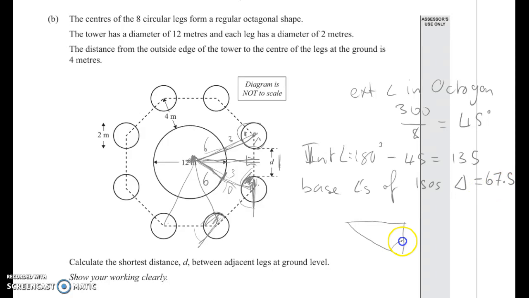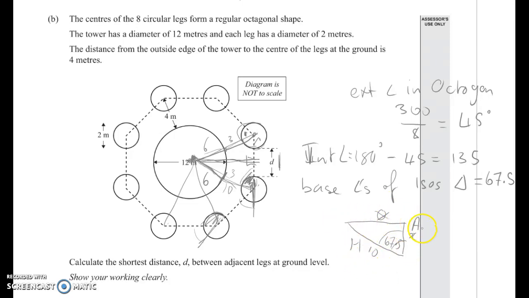I know that this angle is 67.5. I know that this length is 10, and I'm trying to find this length over here. So let's say my triangle. This is my opposite, this is my hypotenuse, and this is my adjacent. Don't need that one because I don't care about the height of that.